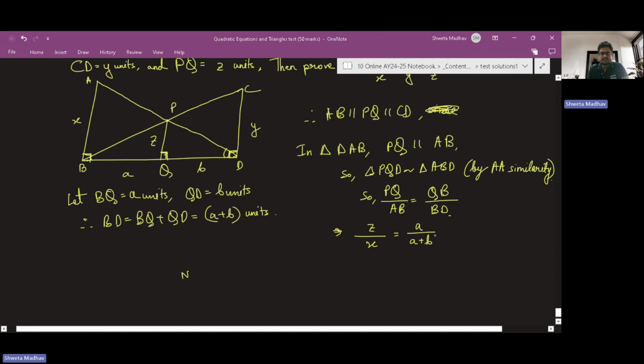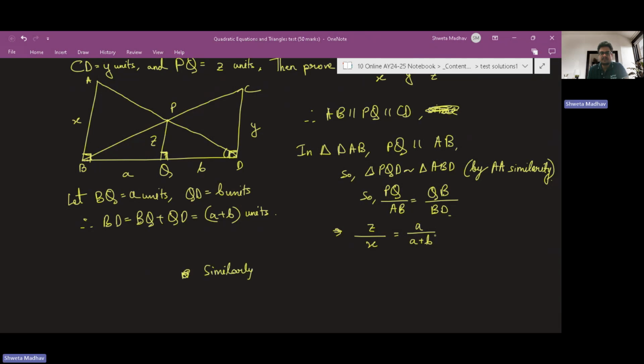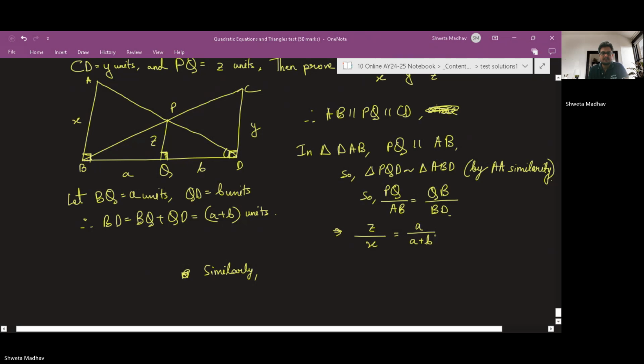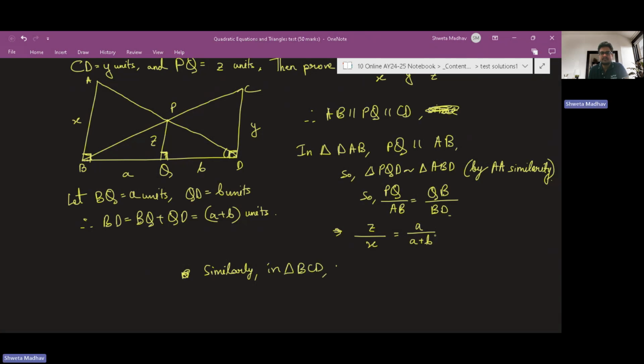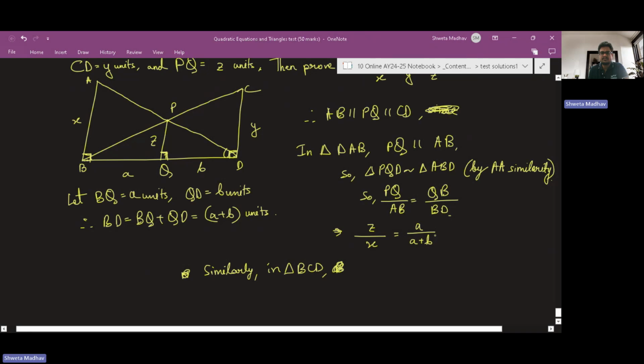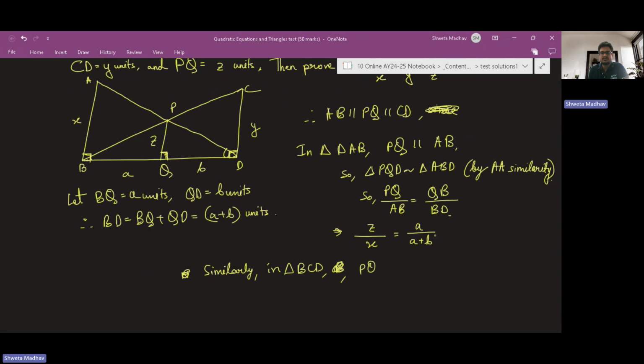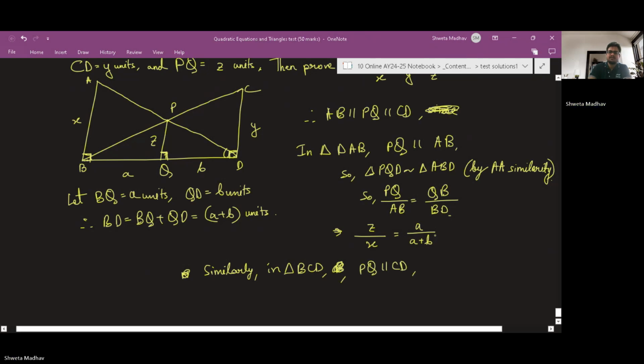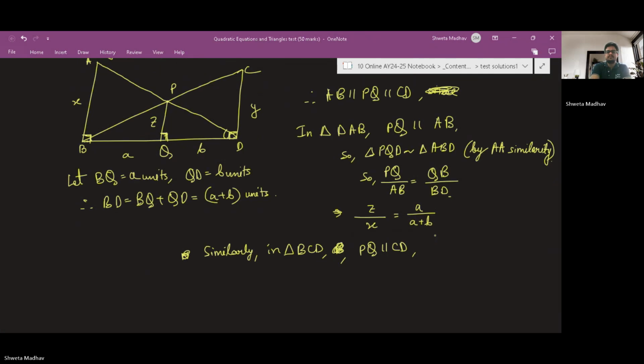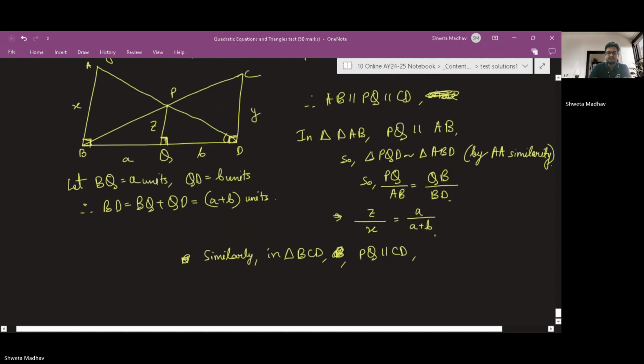So now, similarly, we can say that in triangle BCD, PQ is parallel to CD.